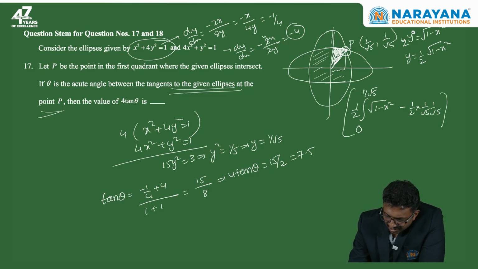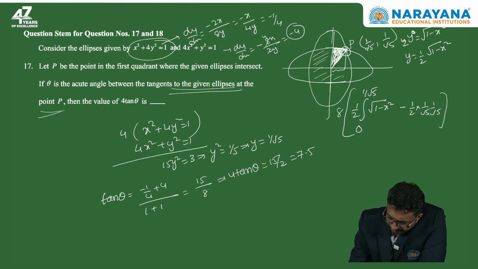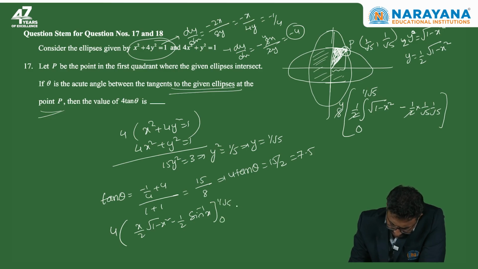This whole thing has to be multiplied with 8. I hope you know the formulas for this, and this 4 times. So 4 times [x by 2 root of 1 minus x square plus 1 by 2 sine inverse x], going from 0 to 1 by root 5, minus 1 by 5.